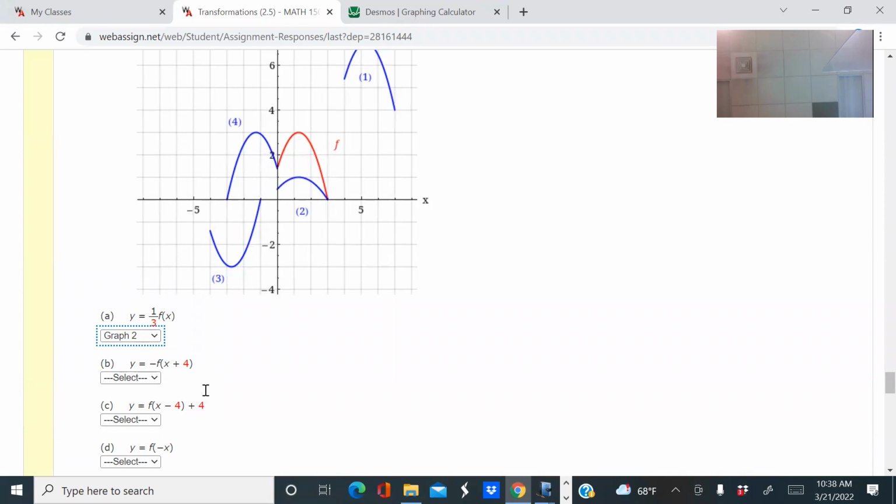But what's the effect of the minus sign now in front of the f, not with the x, but outside of the function notation? It rotates it around the x-axis. That affects it vertically. Okay, all right. When you rotate a graph vertically, you're rotating it around the x-axis.